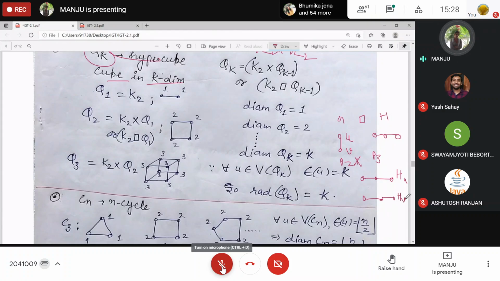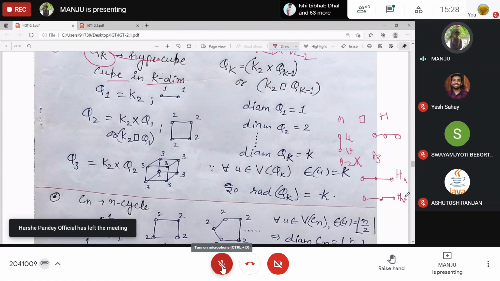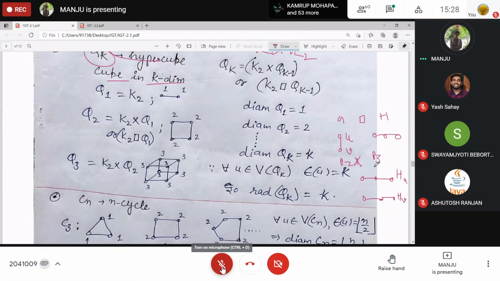So I have put H over here and again one over here. Now these U and V are adjacent if and only if they are adjacent in G. So the corresponding vertices in these copies will be adjacent if U and V are adjacent in G.